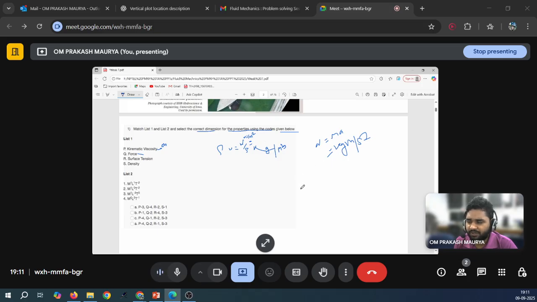Let me write it for simplification: kg meter per second square is the Newton, then second, then divided by meter square. This is for the mu. Again meter square, then divided by kg per meter cube.